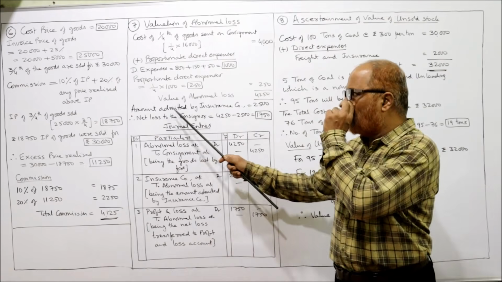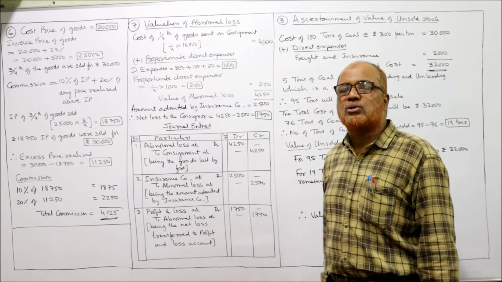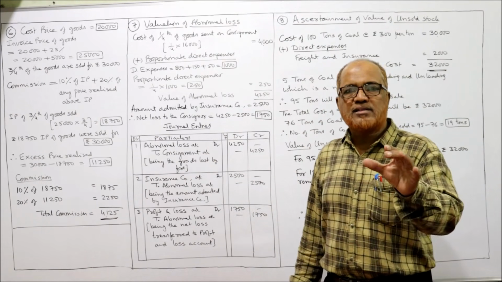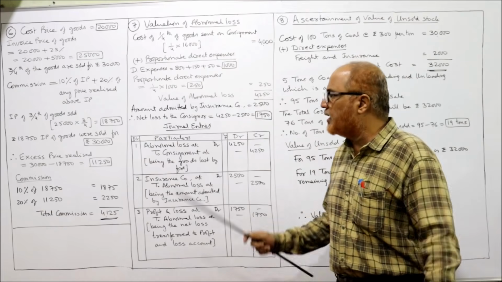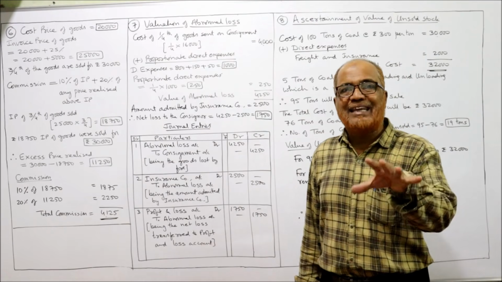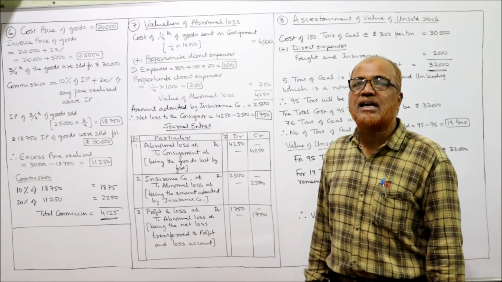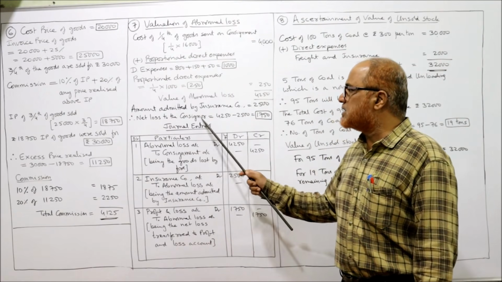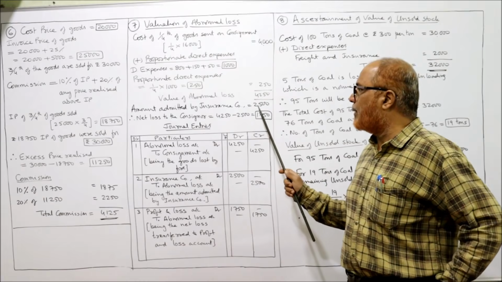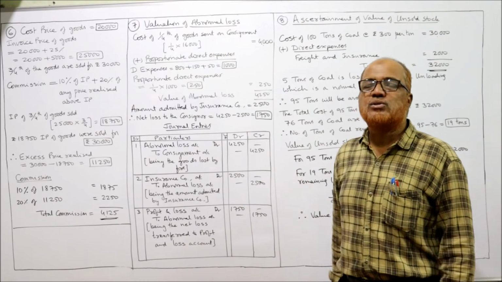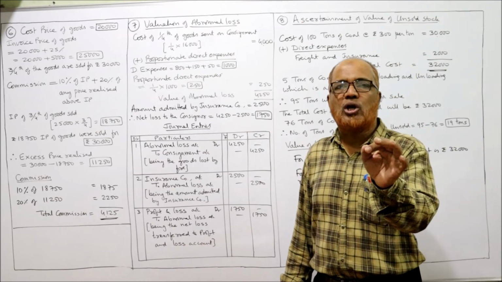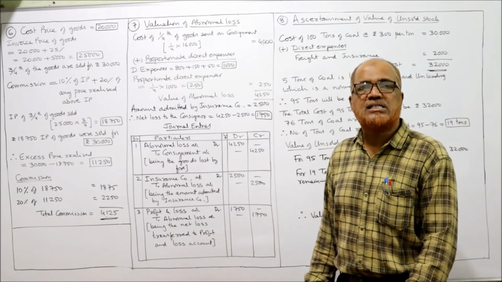And amount admitted by insurance company is 2,500. Insurance company agreed to pay only 2,500. That means net loss to the consignor is 4,250 minus 2,500, 1,750, to be borne by the consignor.